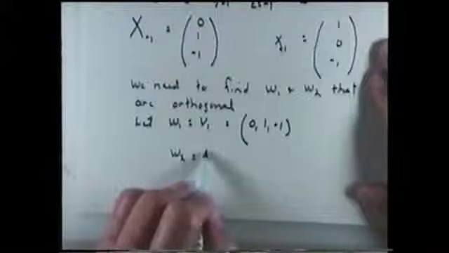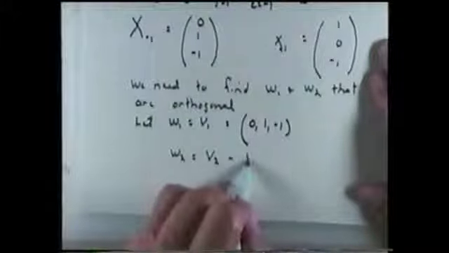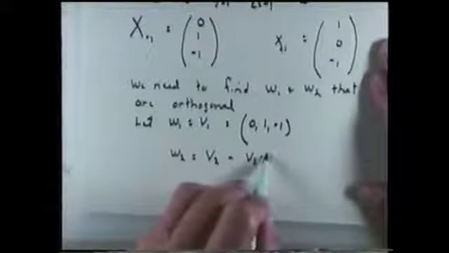W2 was equal to V2 minus (V2 dot W1 over W1 dot W1) times W1. Now this is what Schmidt told me, the way of getting my second vector.